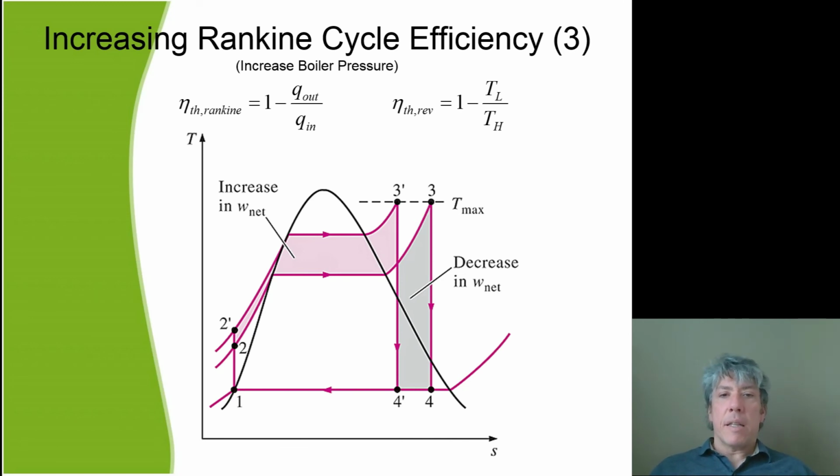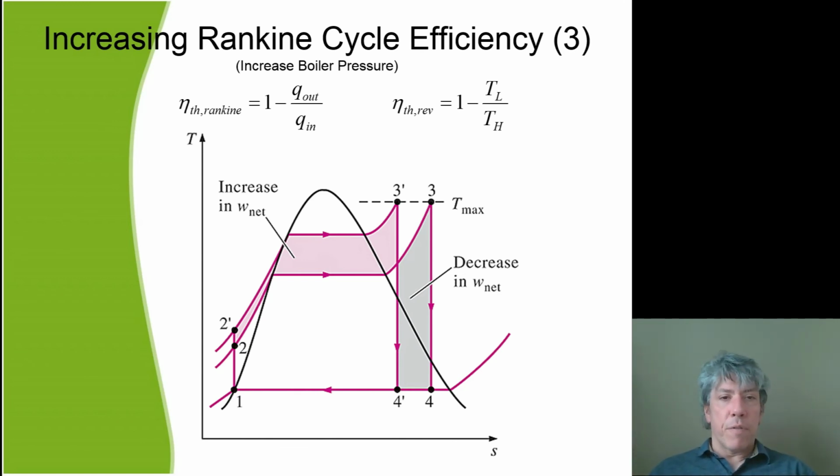Now, notice that by increasing the boiler pressure, when there's a maximum temperature we can introduce into the turbine, we do have to sacrifice a little bit, right? The turbine has to move from 3-4 to 3'-4', and so there's an increase in the net work output of the cycle, but there's also a roughly equal decrease in net work output by moving the turbine from 3'-4 to 3'-4'.